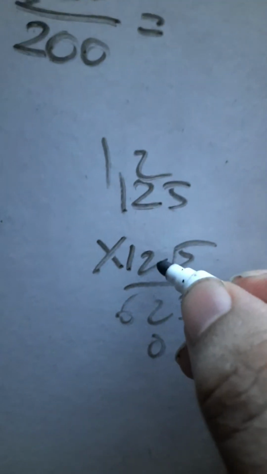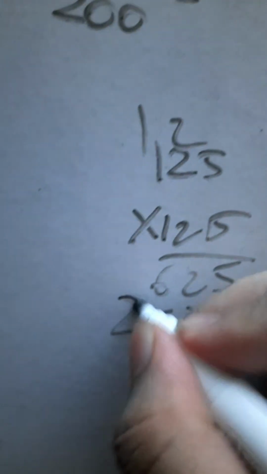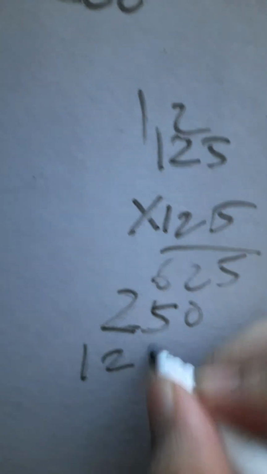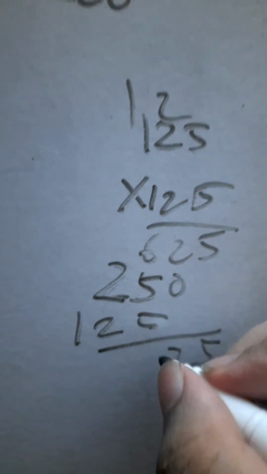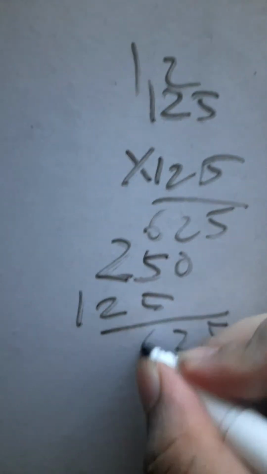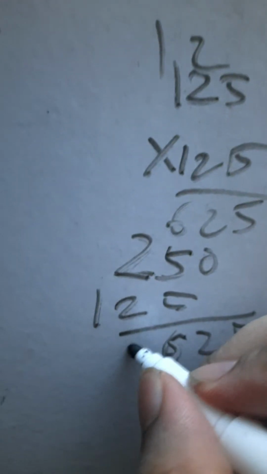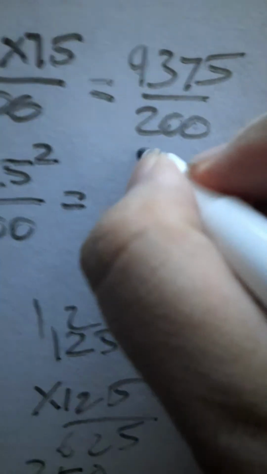Let me just cross verify it. 2, 5, 10, 1, 2, 125, 5 to 6, 5, 5, 10, 16, then 1, 5, 6, 2, 5. Okay, let's go.